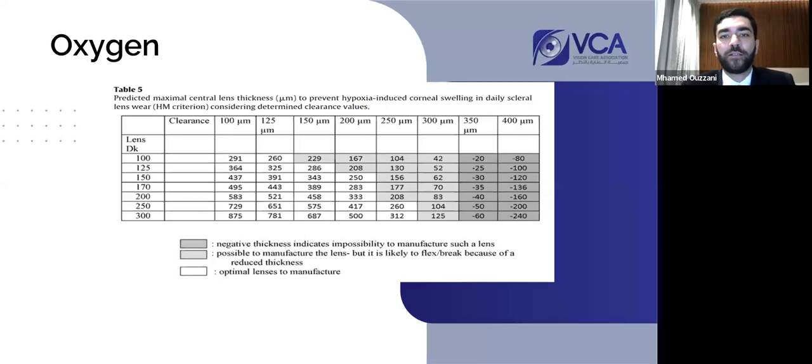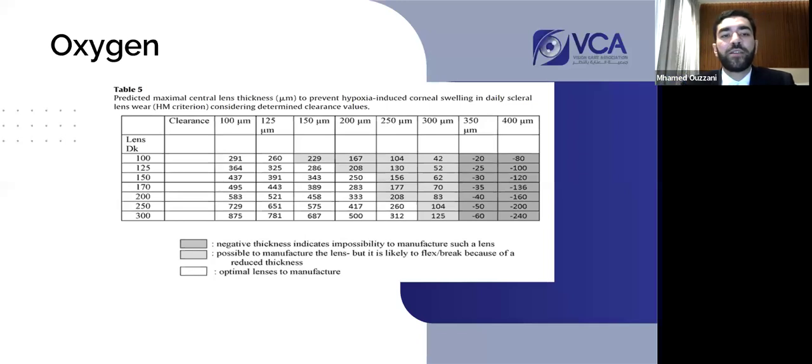This study from Professor Michaud and colleagues tried to explain the importance of the central clearance and the central lens thickness using different materials and different clearances.